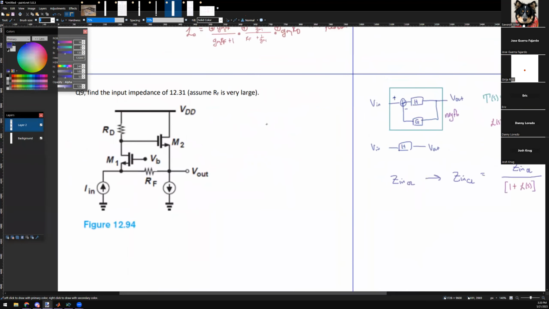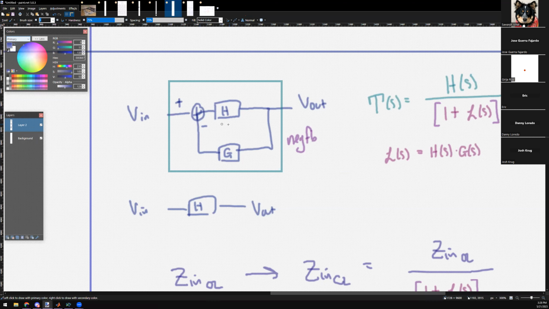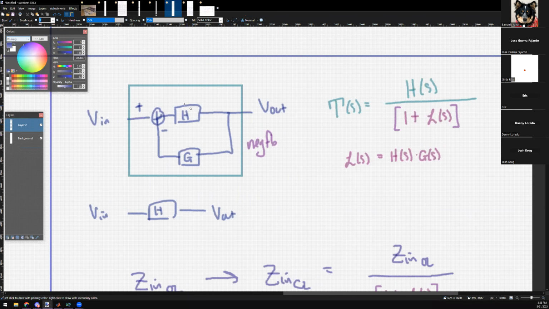Again, how did you get loop gain equals negative RF over RD? So first, let's assume negative feedback. This guy clearly has negative feedback because the feedback goes to the negative terminal. Agreed? And when you solve this guy from control theory, from this convention, I promise you get this, which is 1 plus L of S, where L of S is just H times G. So if you have negative feedback, you get this.